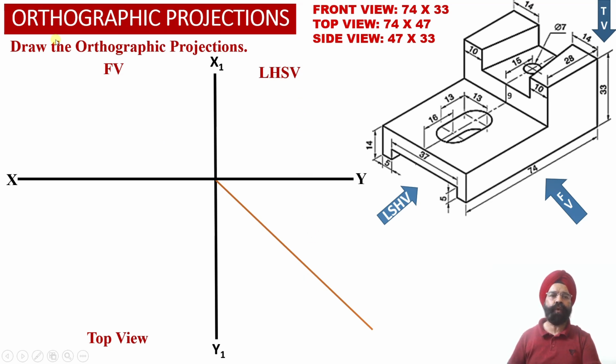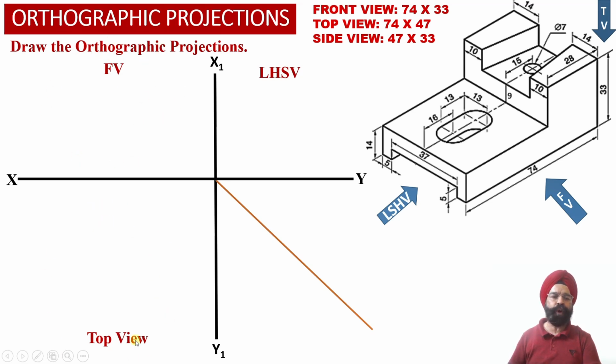Since we are required to obtain the orthographic projections of the solid in the first angle projection method, the front view orthographic projections will be obtained above the XY reference line.